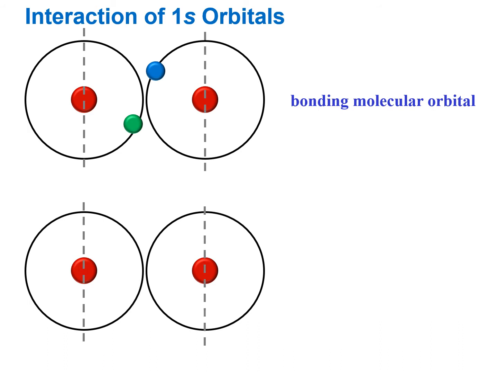If we have the other scenario, where the electrons are on the opposite side of the nuclei of the two approaching atoms, we can tell just by this example that the likelihood of these two electrons in this moment creating a union is kind of nil because they're not close to each other. And this is the scenario when we have the anti-bonding molecular orbital.